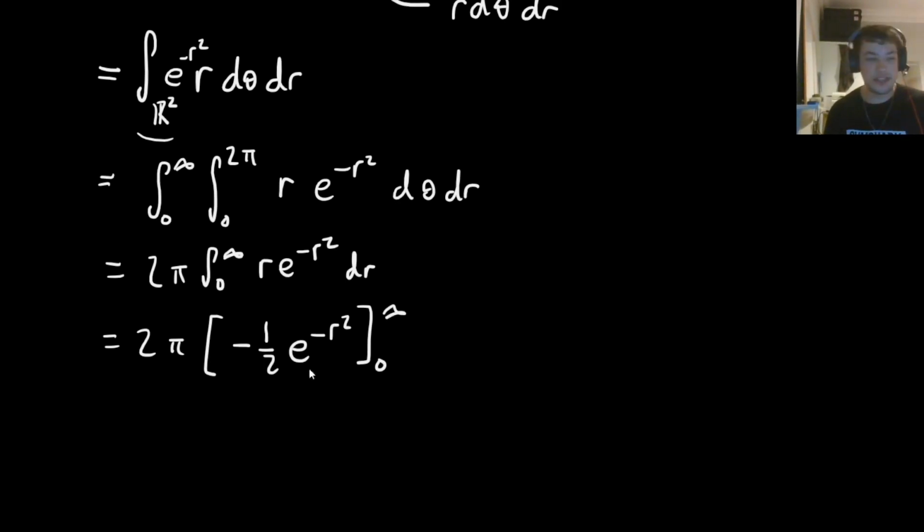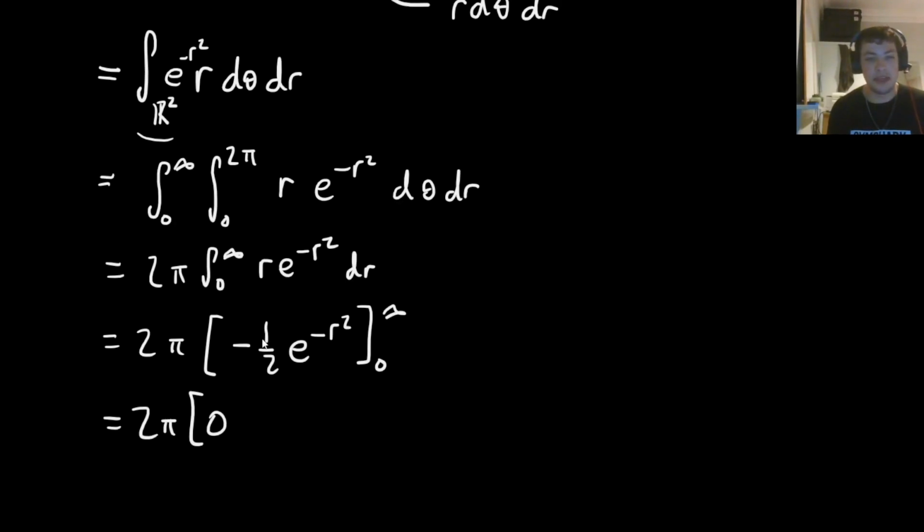So differentiate this thing. That's going to stay the same, but we're going to pull out the derivative of negative r squared, which is negative 2r, times this by negative 1/2, we get r. Good. That integral works. And then we just evaluate this at the bounds, so that's 2 pi. At infinity, this is going to be 0, because this is going to vanish.